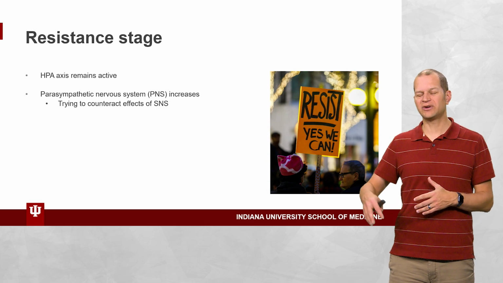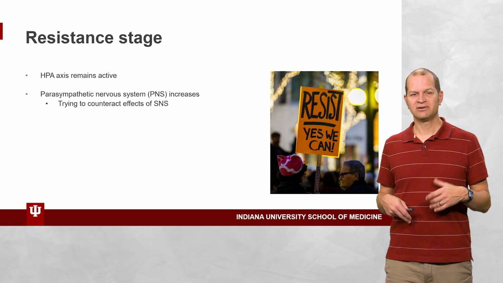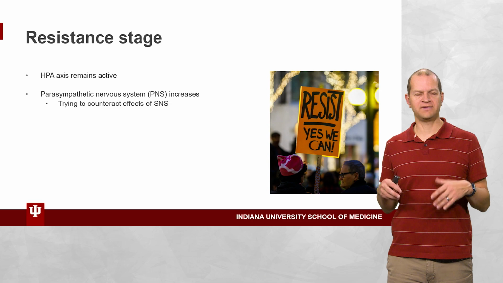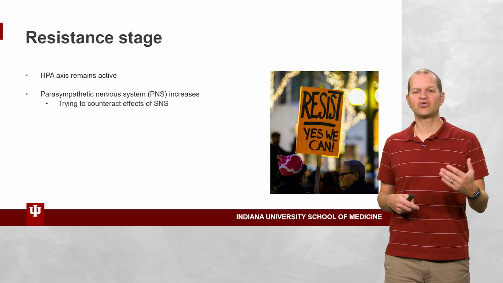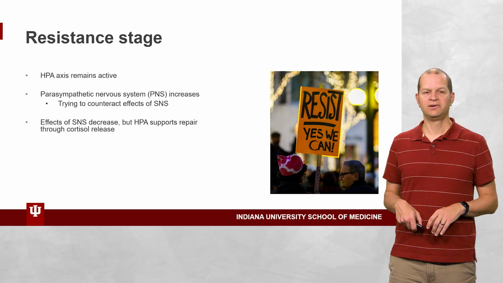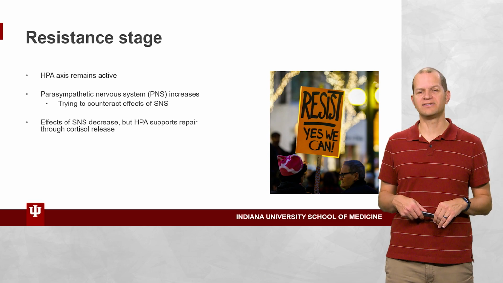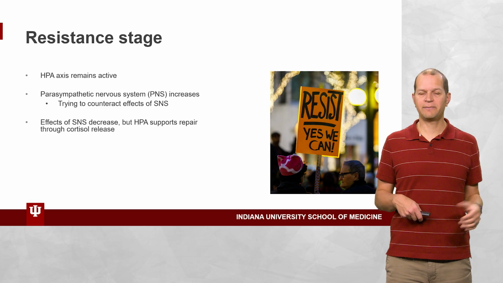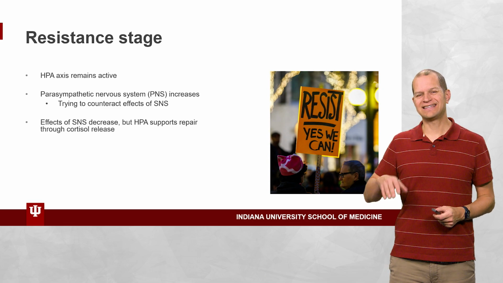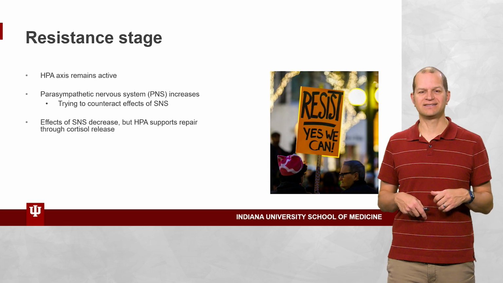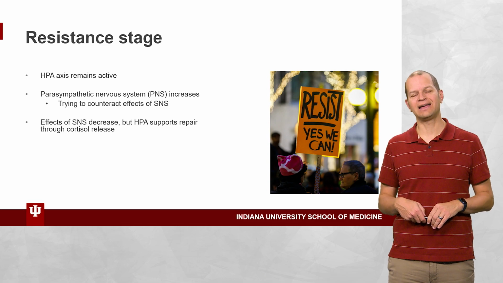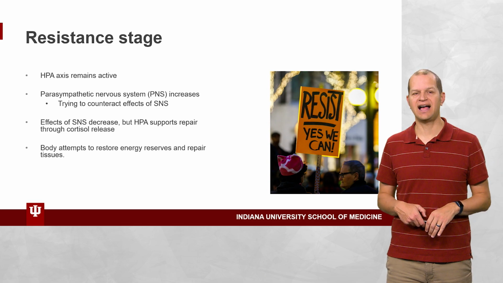Well, you don't want increased blood pressure for a long period of time. That can have negative effects. And so the parasympathetic nervous system tries to counteract that. And so as a result, we have reduced effects of the sympathetic nervous system because of the parasympathetic nervous system, but at the same time, we've got this HPA axis that's keeping cortisol concentrations high.